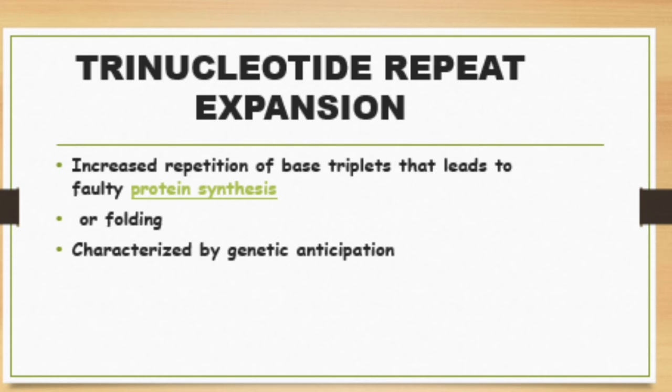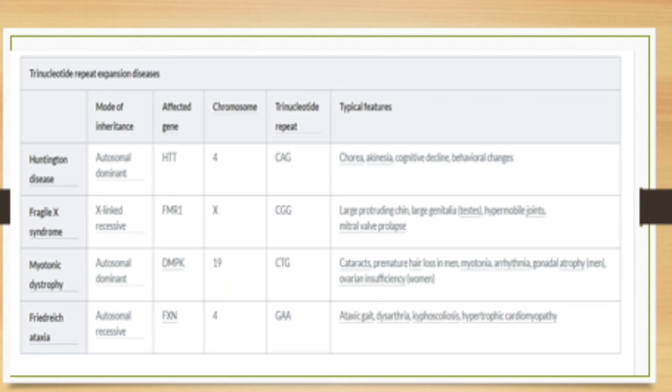Expansion means more. If we repeat something for a long time, the trinucleotide sequence has been expanded and it causes a faulty sequence which results in faulty protein synthesis, which will lead to defects in our body.